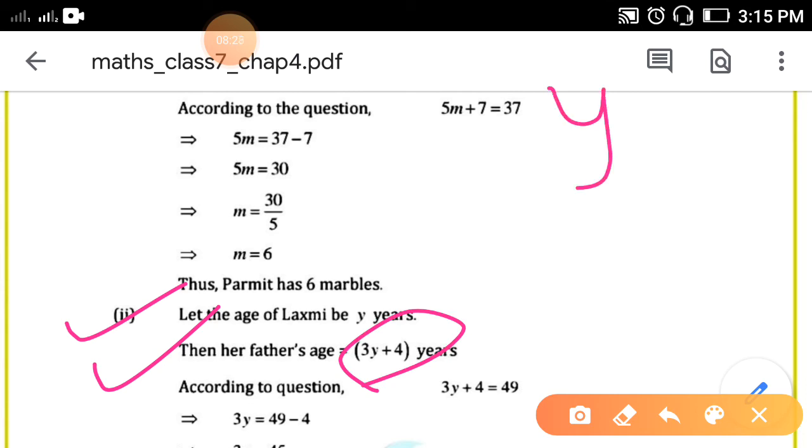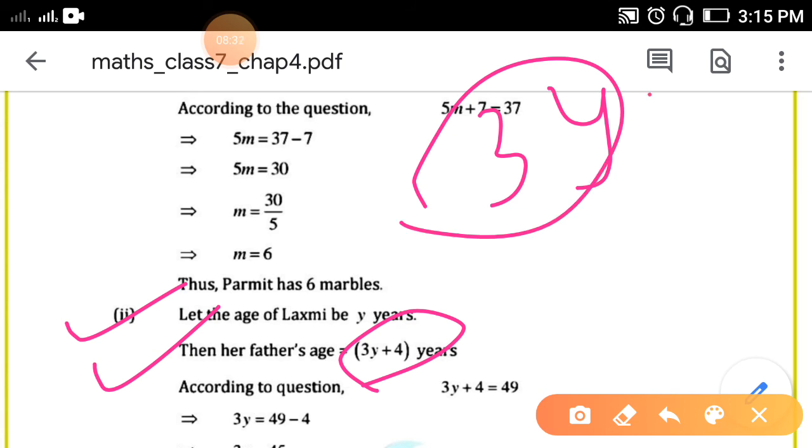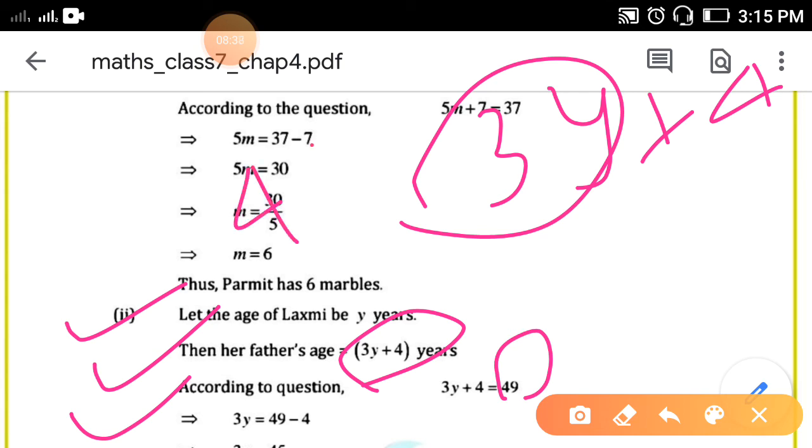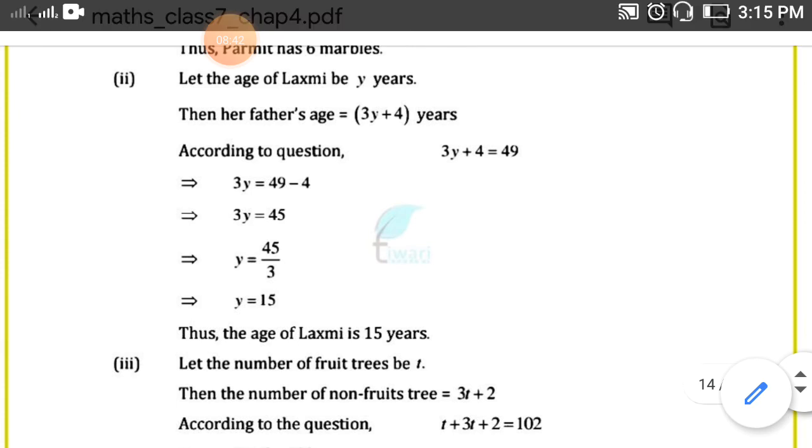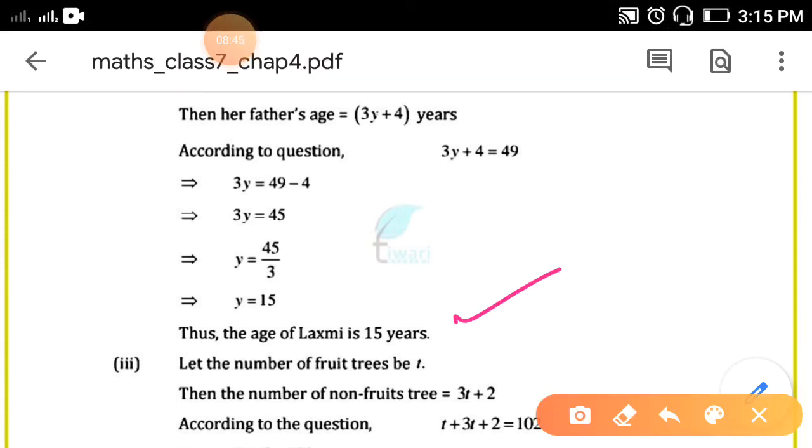Age of Lakshmi is y, so her father's age is 3 times Lakshmi's age plus 4. And her father's age is also 49. So 49 is equal to 3y plus 4. Solve the equation. You will get the value of y, which we considered as the age of Lakshmi. It is 15 years.